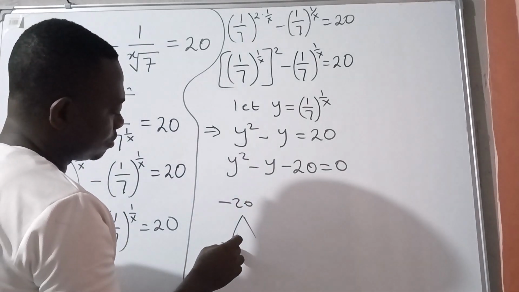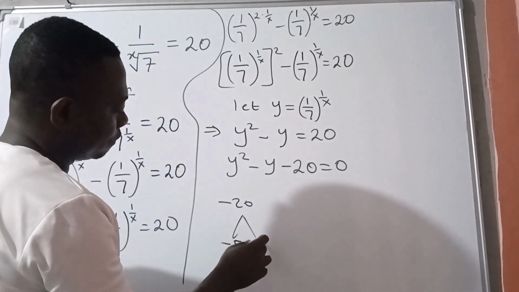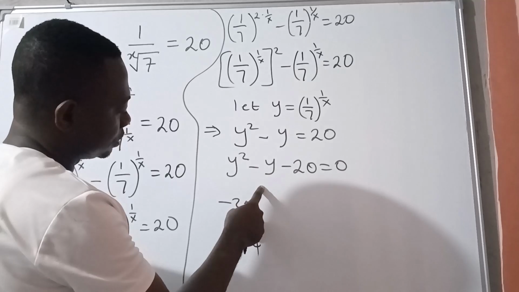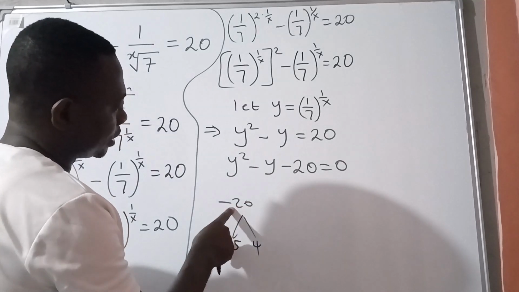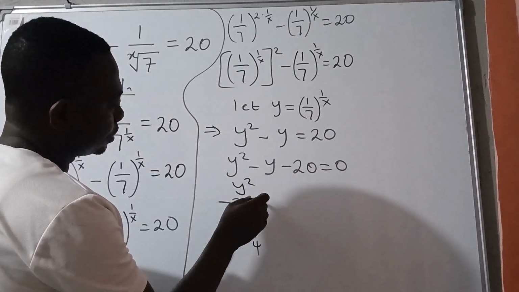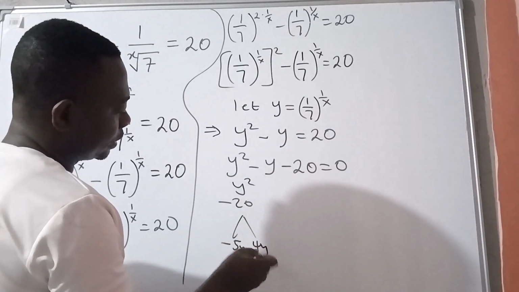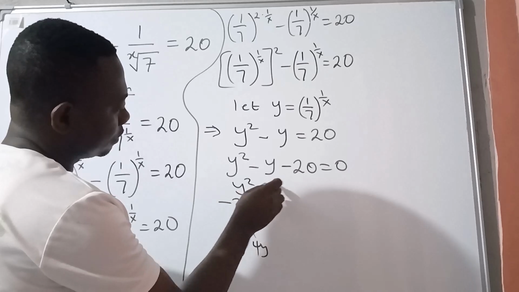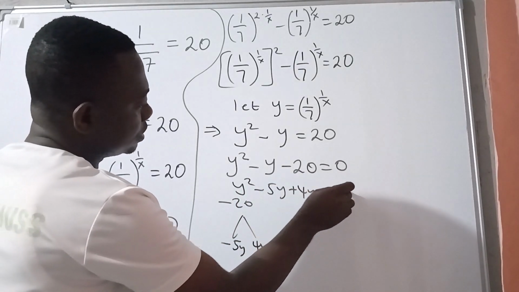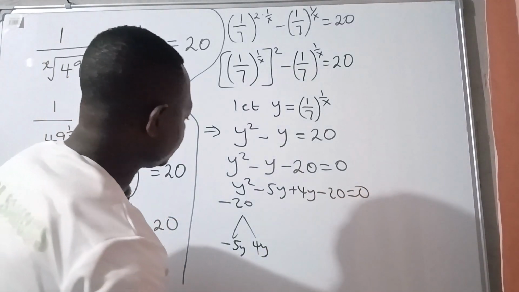And I think that will be minus 5 and 4. Minus 5 plus 4 is minus 1. Minus 5 times 4 is minus 20. So we are free to go. So we have y squared minus 5y plus 4y minus 20 equal to 0.